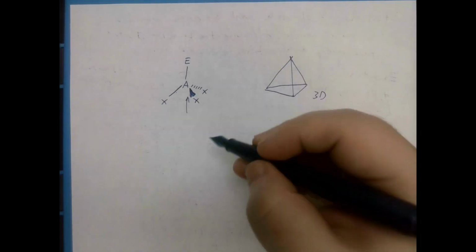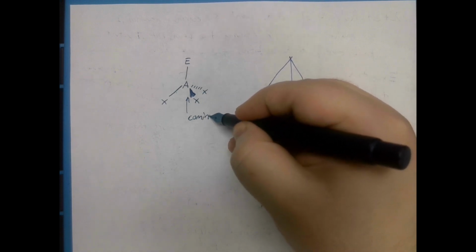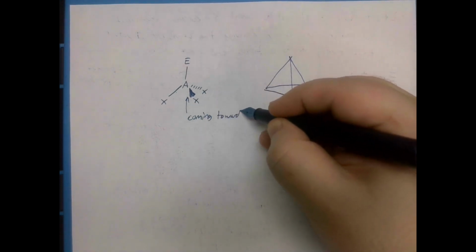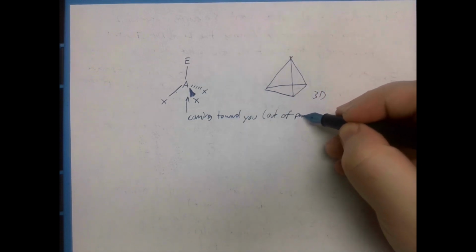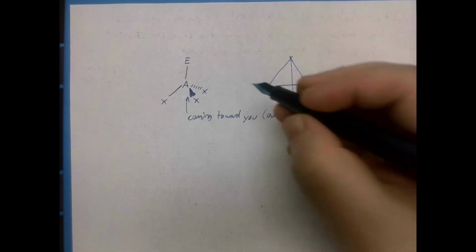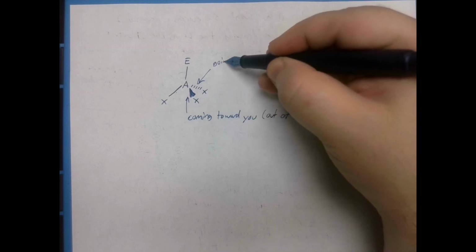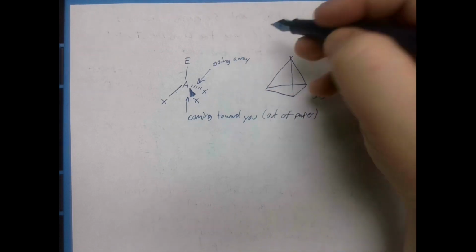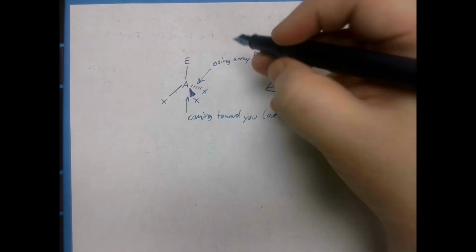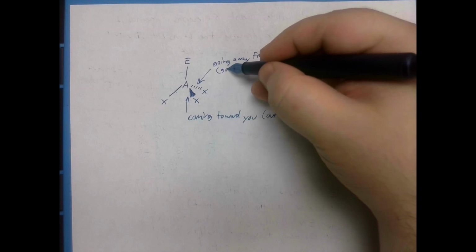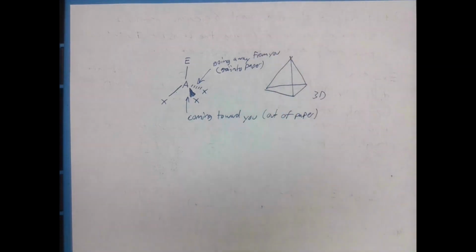This wedge means it's coming towards you, out of paper. This dashed line means going away from you. It doesn't really matter. So going into paper. It's just a way to try to draw 3D.